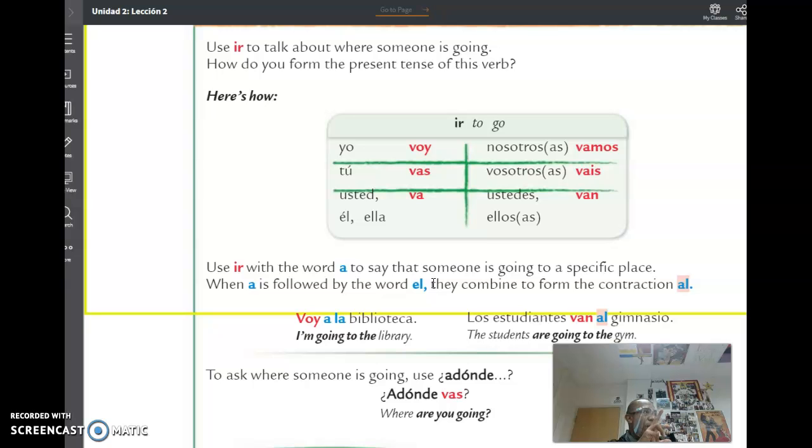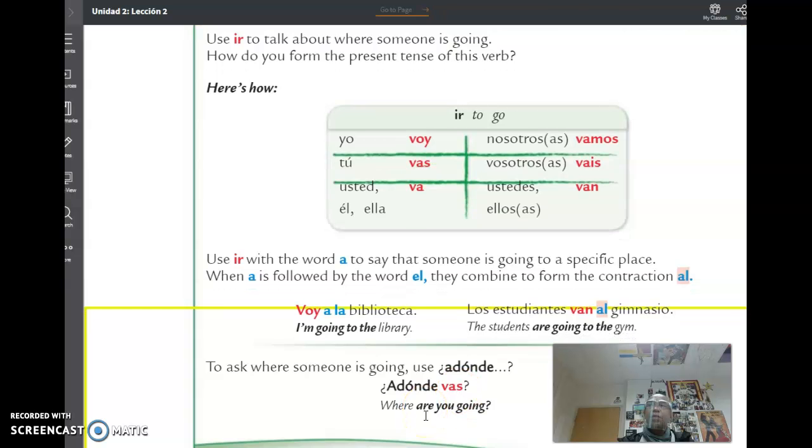I'm going to go. Yo voy a ir, okay? O estoy yendo, one of the two. All right, so here we go. To ask where someone is going, you can use the preposition a before the word dónde. ¿A dónde vas? Where are you going?